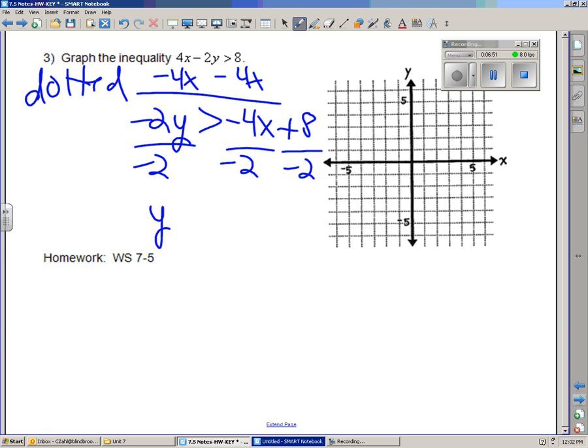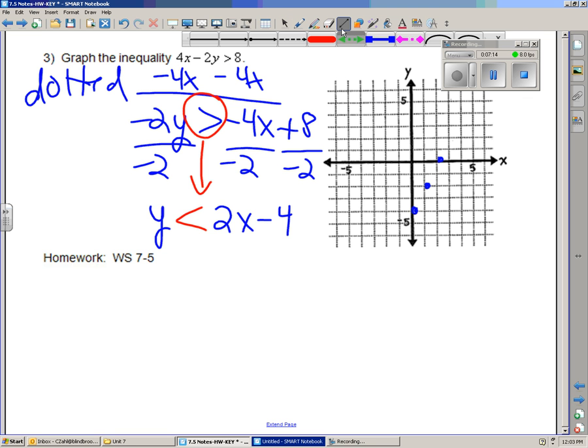Now don't forget the rules for dividing inequalities by negative numbers. You have to flip the symbol. That's an old rule. Y is less than 2x minus 4. So now what you do is you find minus 4. You go up 2, to the right 1, up 2, to the right 1. It's a dotted line. So I'm going to do a dotted line here. There it is, all the way across the graph.